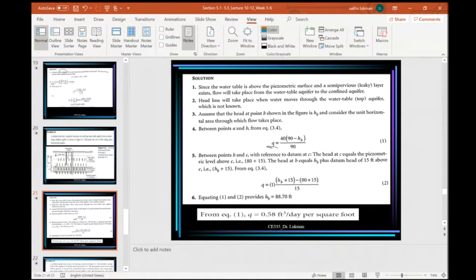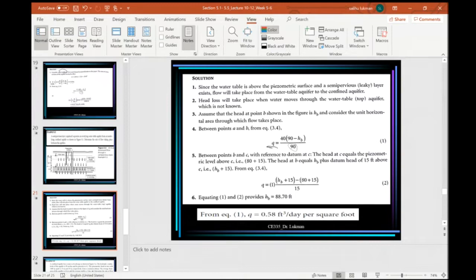And minus the head at the top of the semi-pervious layer, which is HB, over the length, and the length is 90. The distance between the top of the water table and the top of the semi-pervious layer is 90.